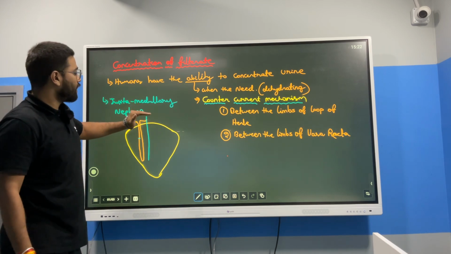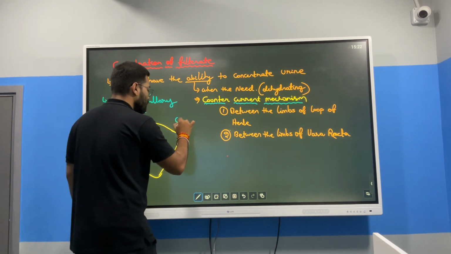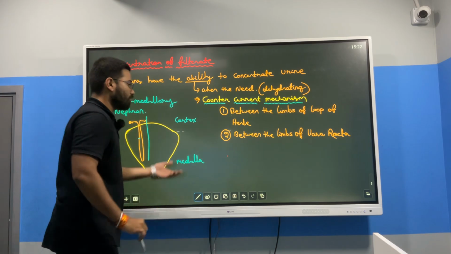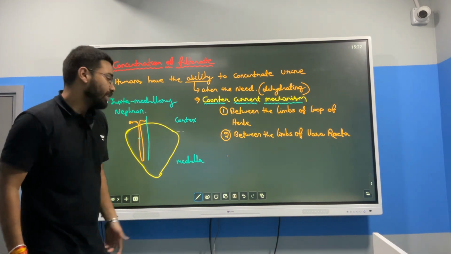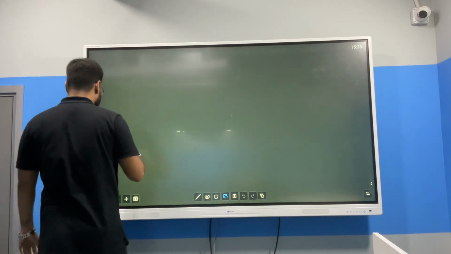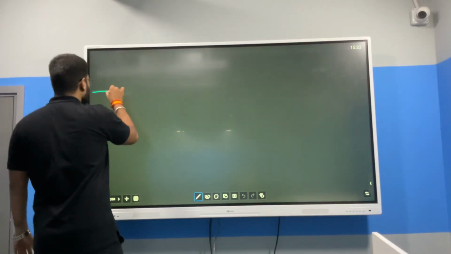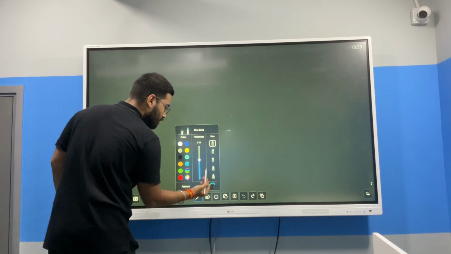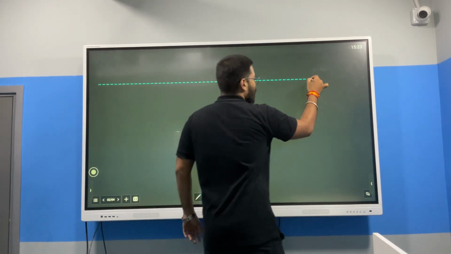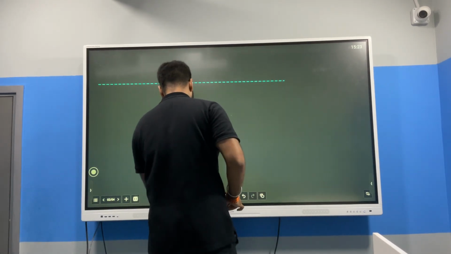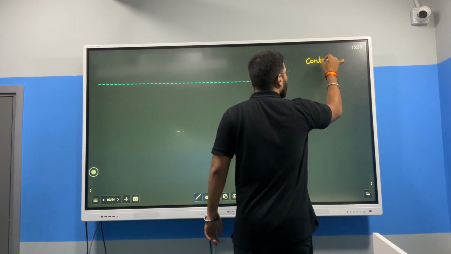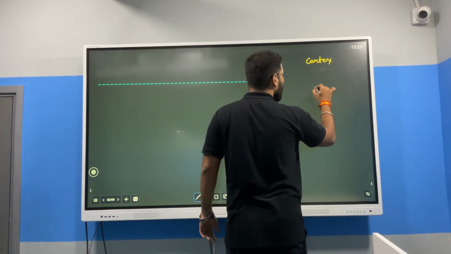We all know that the kidney is divided into two parts: the outer part, known as the cortex, and the inner part, known as the medulla. I divide the part into two, the outer part which I call the cortex part, and the inner part which I call the medullary part.